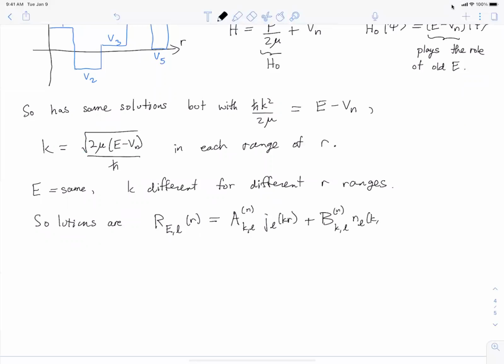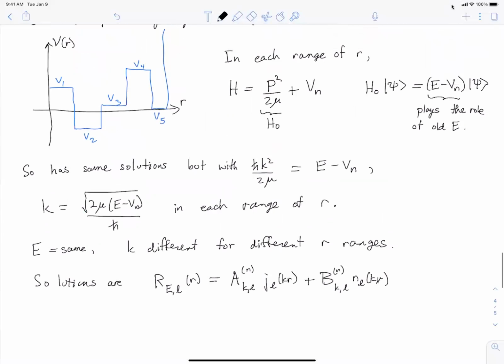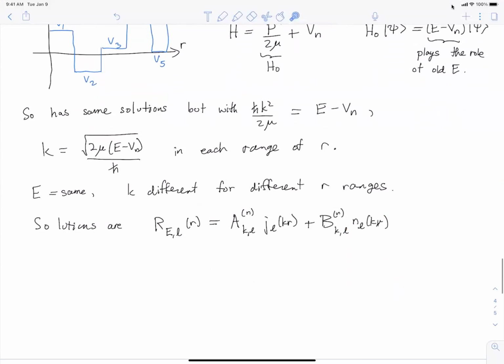So here's where the Neumann functions actually can play a role, because let's say I'm in this range right here. Now I don't have to worry about if something's blowing up at R equals 0 or not, because R equals 0 is not included in that range. And so I need to go ahead and include the possibility that I should include the B-type solutions in that range. So this is going to be true in each region.